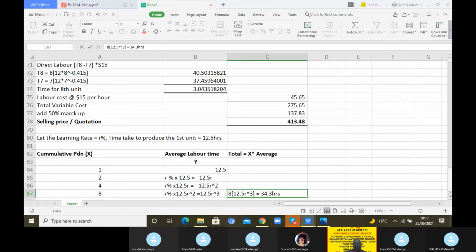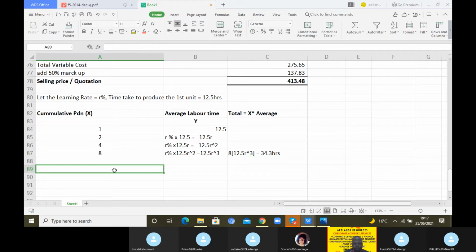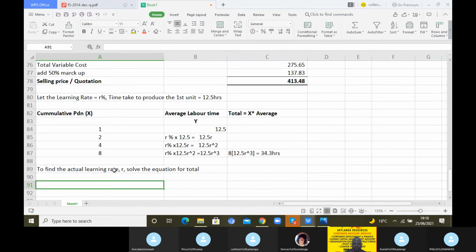So to find R, the actual learning rate, you have to solve the equation for total. And what is the equation for total?